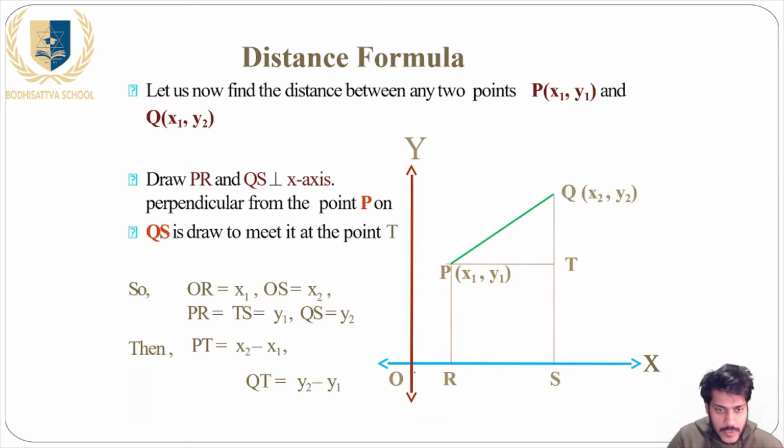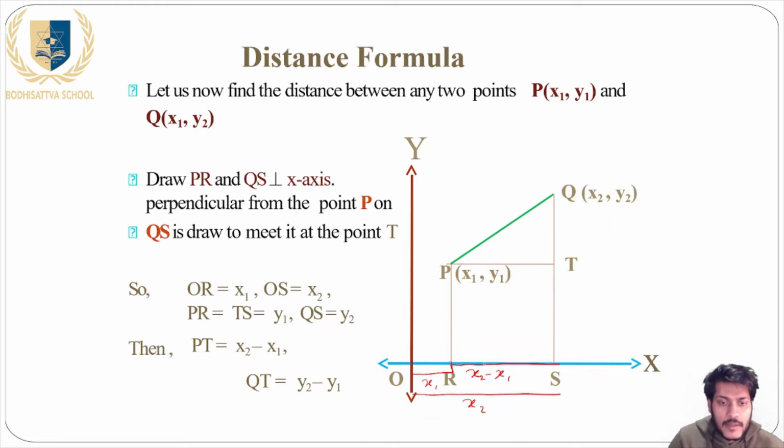If this one is x1, and this whole one is x2, then this distance, RS, will obviously be x2 minus x1.